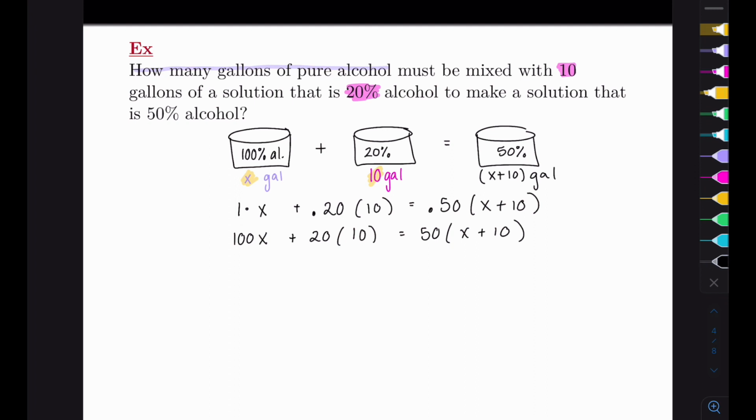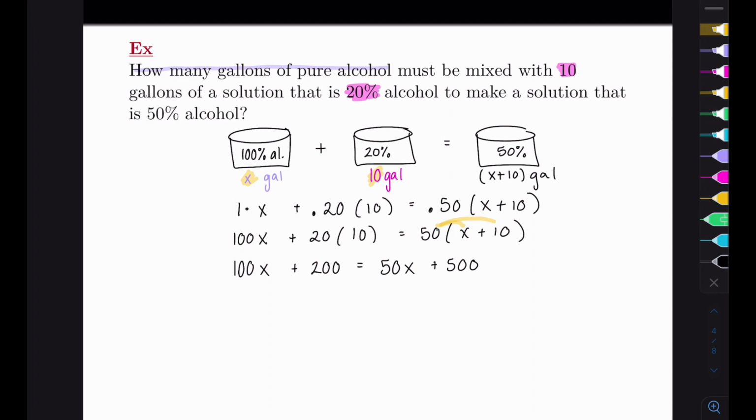So to do this, we've got to distribute this out, and we can do the 20 times 10. So this gives us 100x. 20 times 10 is 200. And then on the right hand side, we get 50 times x, and then 50 times 10 is 500.